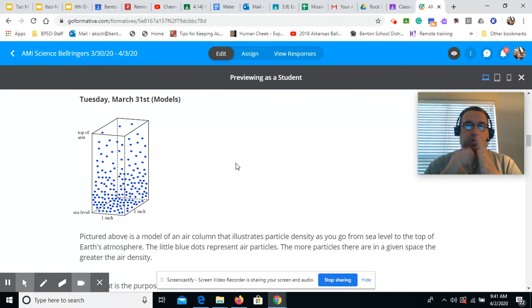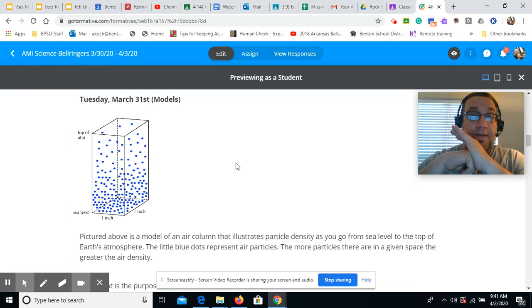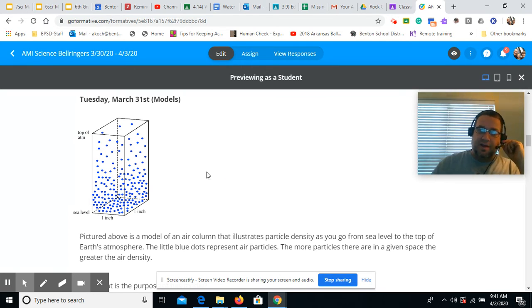Pressure is going to be pushing on your arm and holding it and holding it. That's what pressure is. So looking at this model, at what spot would you have more air pushing constantly on everything there? That's what we're looking for. So go back and look at number 4 and number 8, if you have not done so.